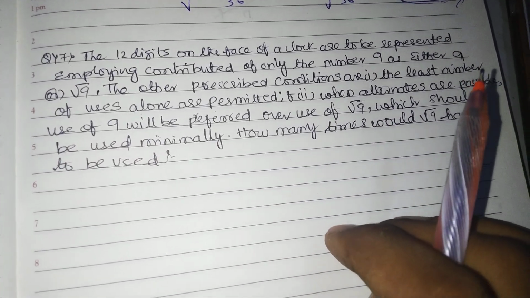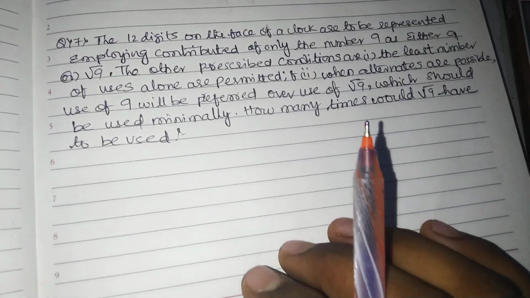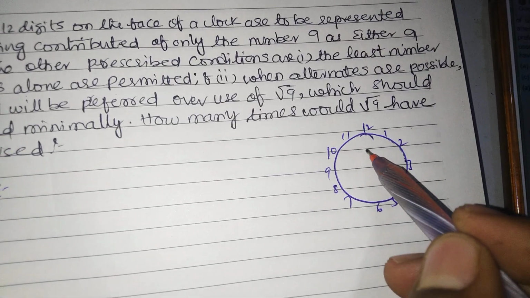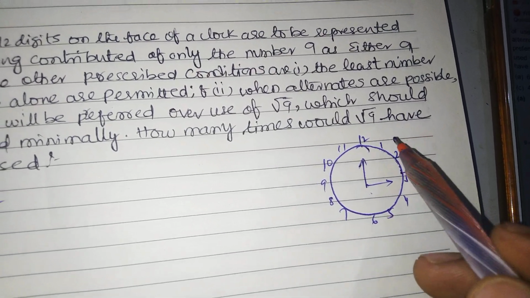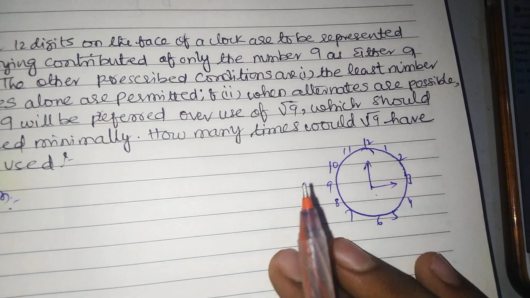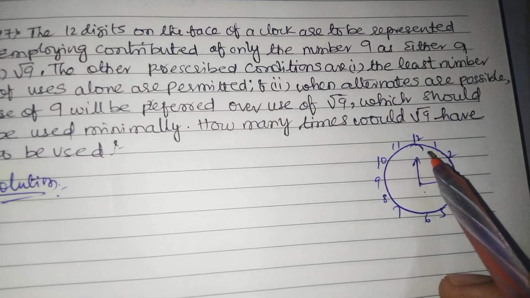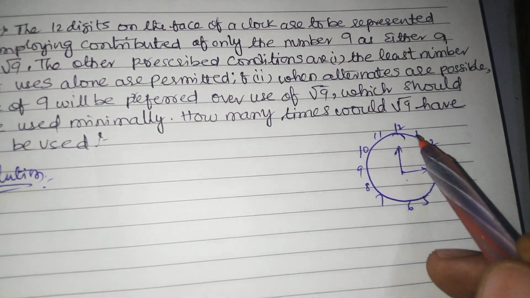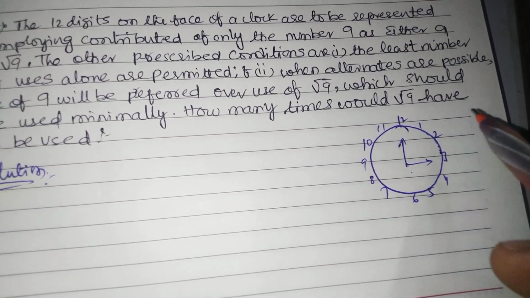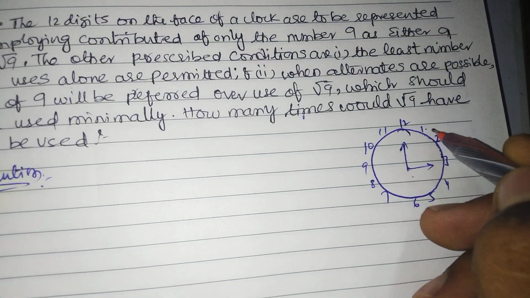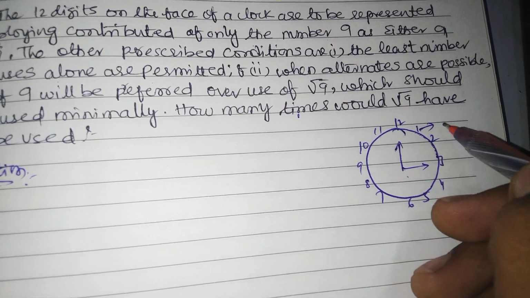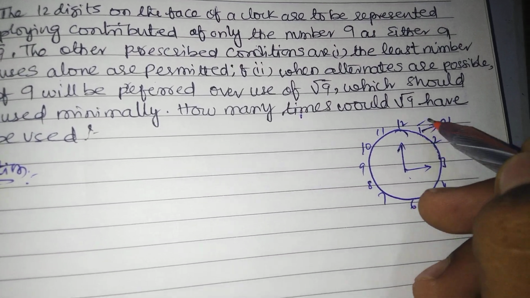So for that one, the answer was this normal clock, right? There is nothing complicated, because we make these numbers by using 9 or root 9. What we want to do is like 9 by 9, it becomes 1, right?